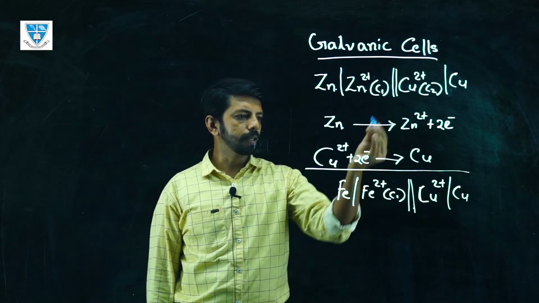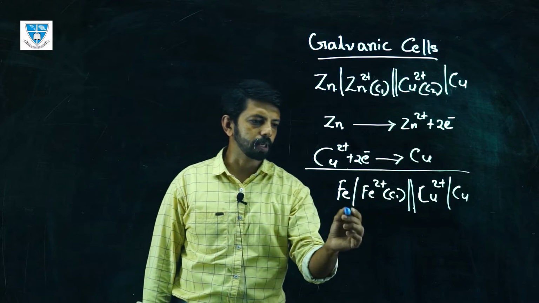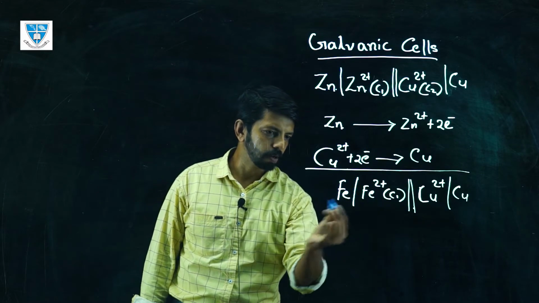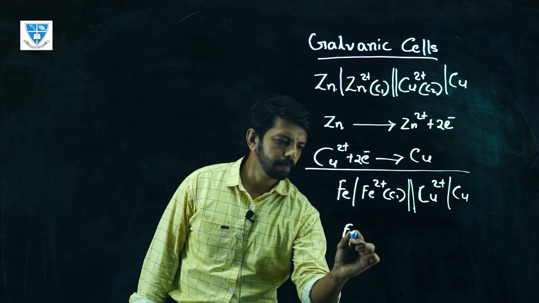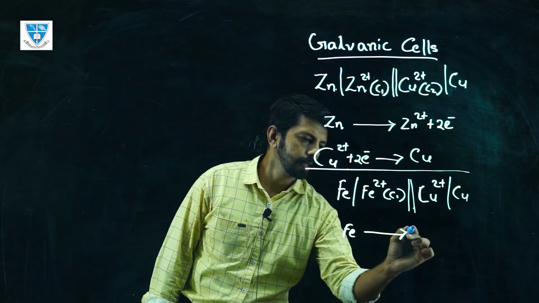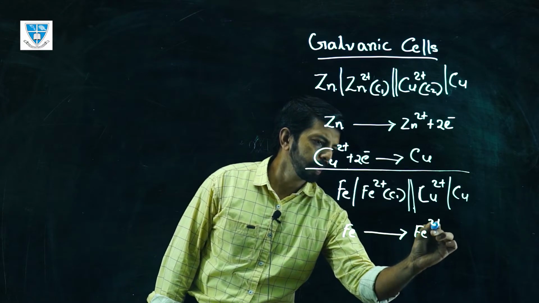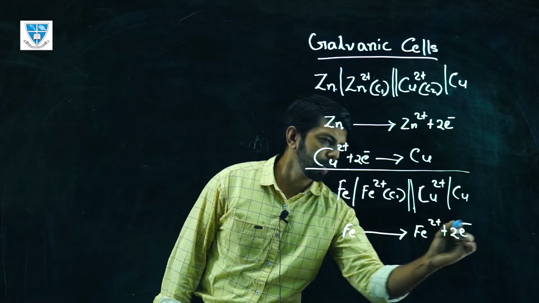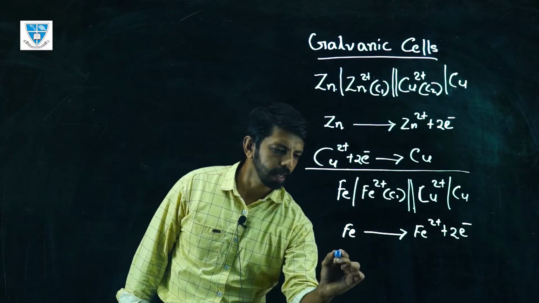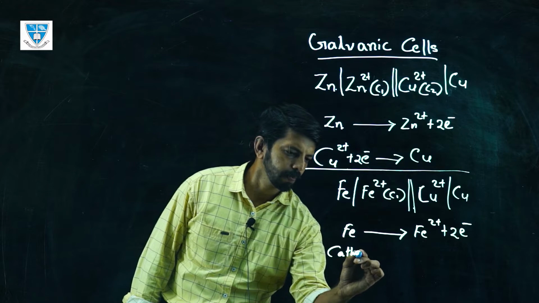In order to write the anode and cathode reactions, you take the anode first, that is Fe gives Fe2+ plus 2 electrons.